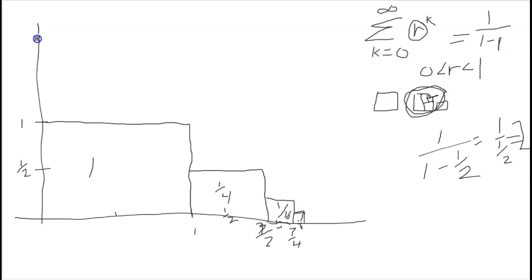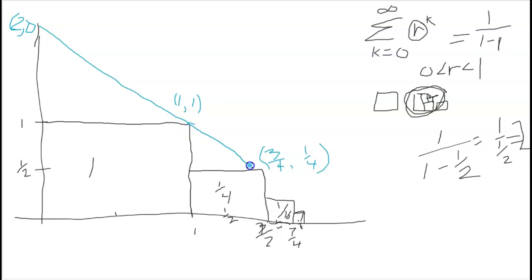And what we realized was if we took the coordinates here, go up to double the height, this is the coordinate 1, 1. This is the coordinate 3/4, 1/4. We realized that we were simply writing an equation for this line, right?